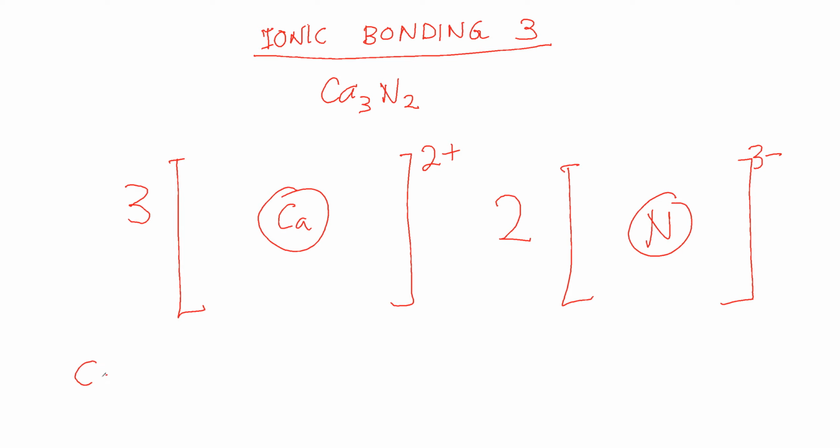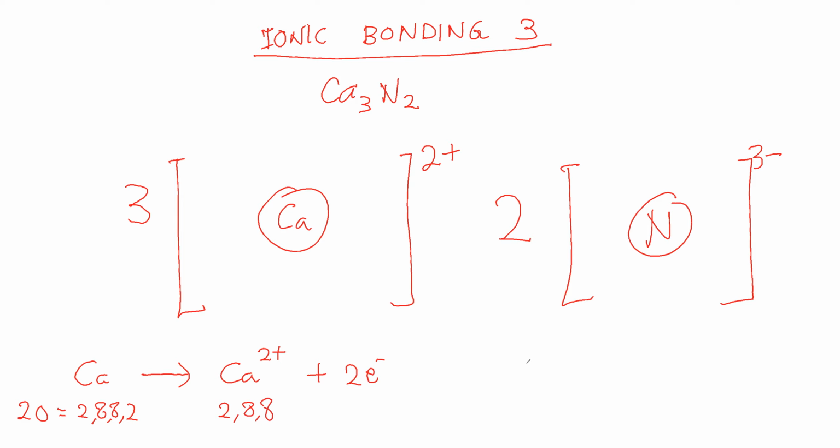Recap: when calcium became a calcium 2 plus ion, it lost 2 electrons. So from an electronic structure of 2, 8, 8, 2, it now has an electronic structure of 2, 8, 8.